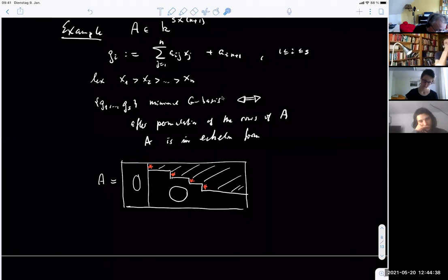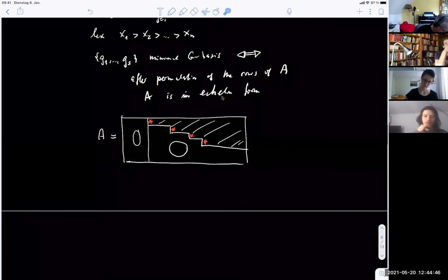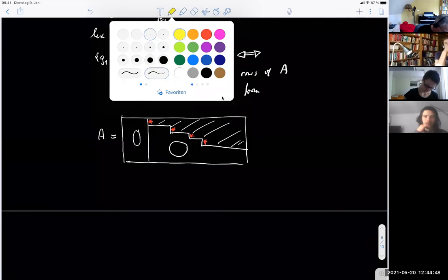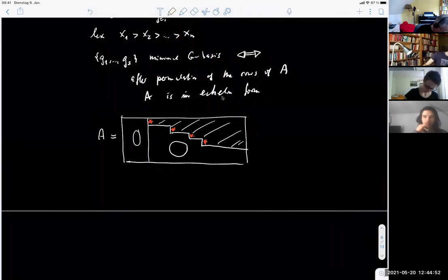Now let's figure out what additional conditions are required to have a reduced Gröbner basis. Reduced, if and only if.